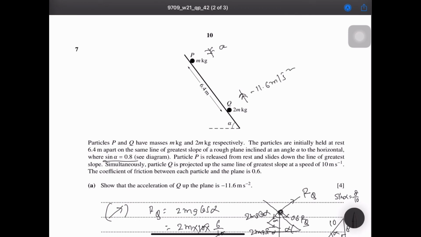Now let's see, Q is going upward to cover the maximum distance. What is the time needed? Let me find it out.